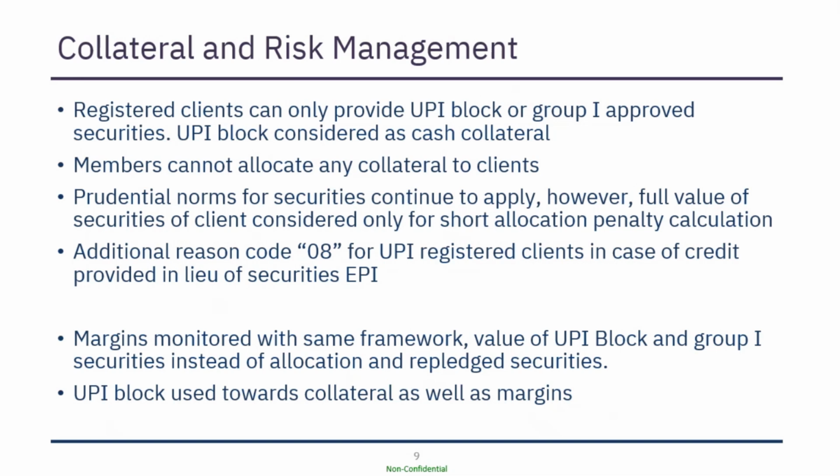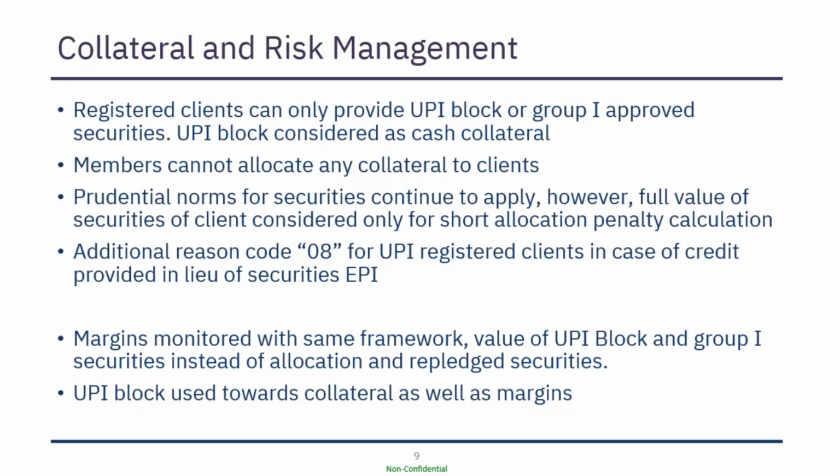In that case, members are expected to allocate collateral to these clients, because the members know that the collateral is beyond the prudential limit. But in this case, even if the member wants to allocate, it's not possible.